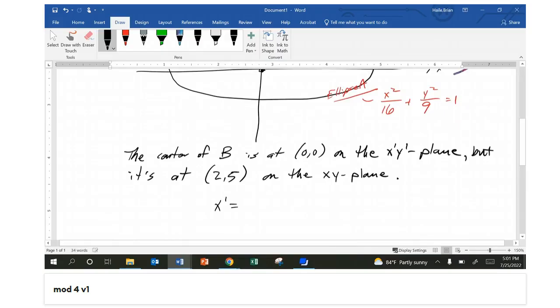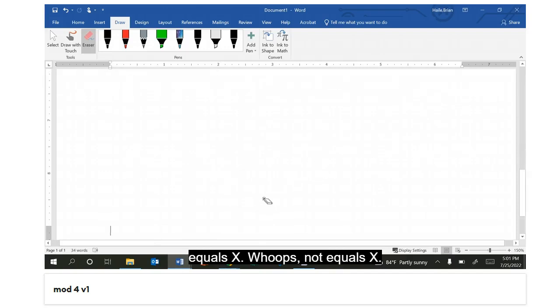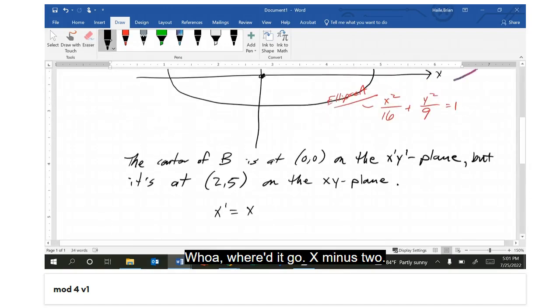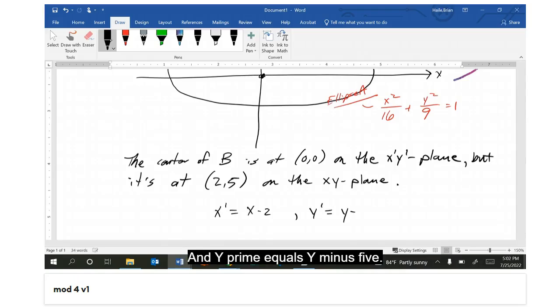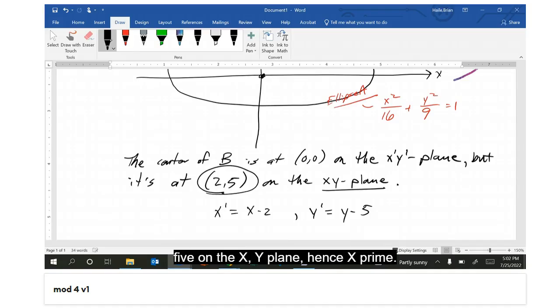X prime equals x minus 2, and y prime equals y minus 5. Basically this is because we know that the center of ellipse B is 2, 5 on the xy plane.